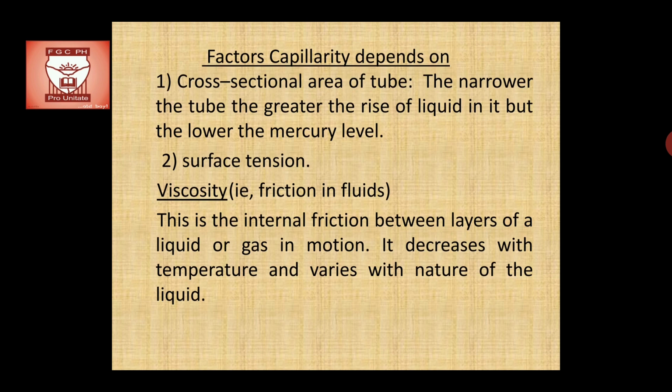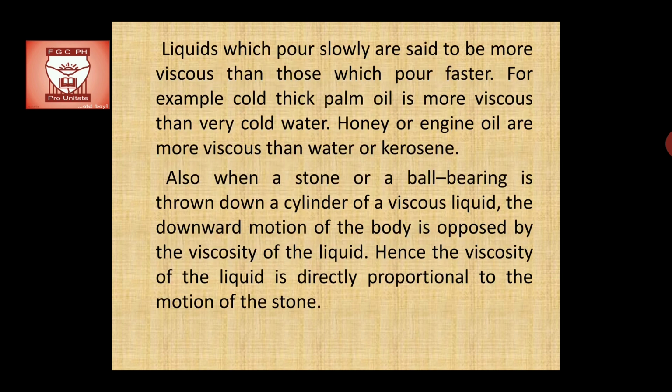Now we look at viscosity. That is friction in fluids. This is the internal friction between layers of a liquid or gas in motion. It decreases with temperature and varies with the nature of the liquid.